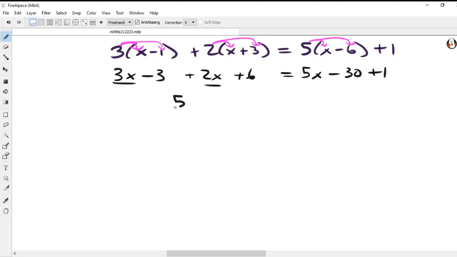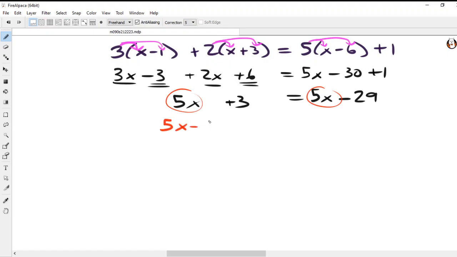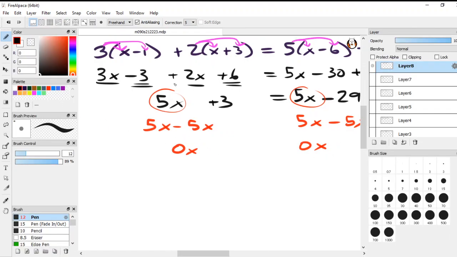This gets us 5x minus 3 plus 6 is plus 3. And then we have 5x minus 29. So now what's going to happen here is I'm going to want to subtract 5x from both sides, right? There's a 5x here, there's a 5x here, however. So if I subtract 5x from both sides, I get no x's on the right, I get no x's on the left.